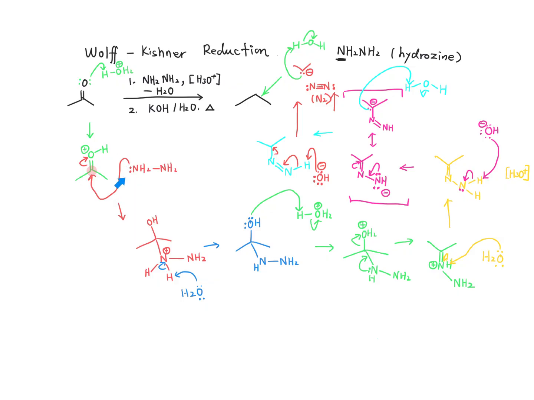So a relatively okay nitrogen nucleophile will be able to attack, and through several rounds of protonation and deprotonation, we form the product of the first reaction. And by introducing the base, potassium hydroxide, in aqueous solution, we will be able to reduce this ketone to the final alkane as a reduction reaction. So that is the Wolff-Kishner reaction.